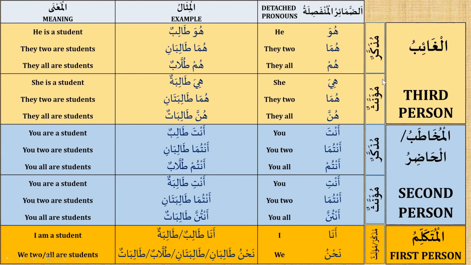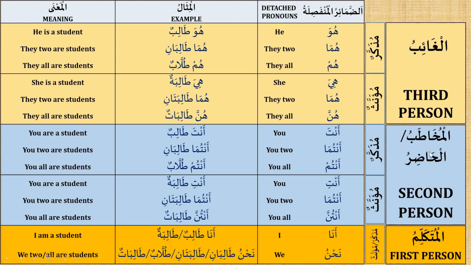And these three are مؤنث, feminine. As we see, there are two huma, they two, and huma, they two. It's same, exactly same, but in a sentence when we use with a noun, the noun must be masculine and feminine. Huma talibani for masculine, and huma talibatani for feminine. Let's go to the next.